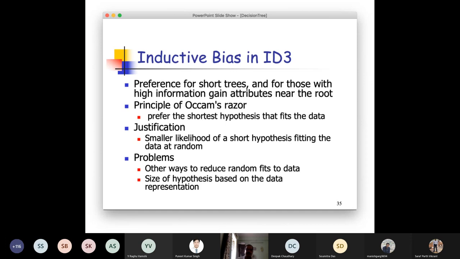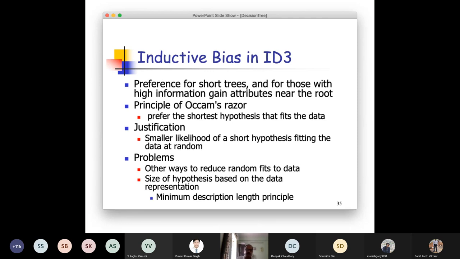There are of course other ways to reduce random fits to data. So this is one criterion, but there could be other criteria. ID3 uses this principle, that means the depth of the tree should be small, but there could be different other ways.